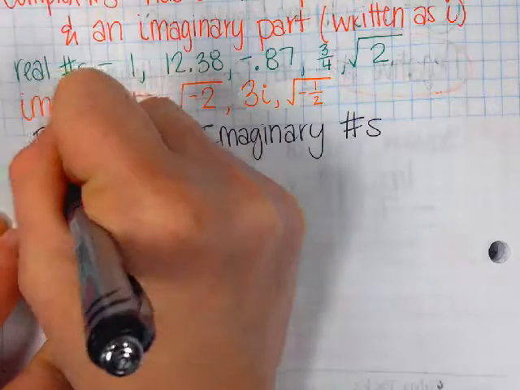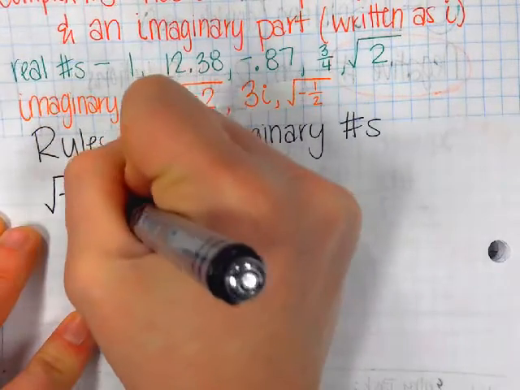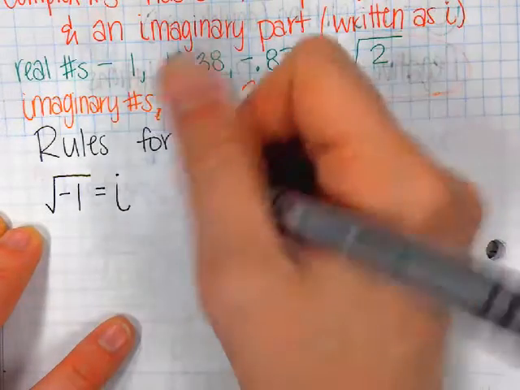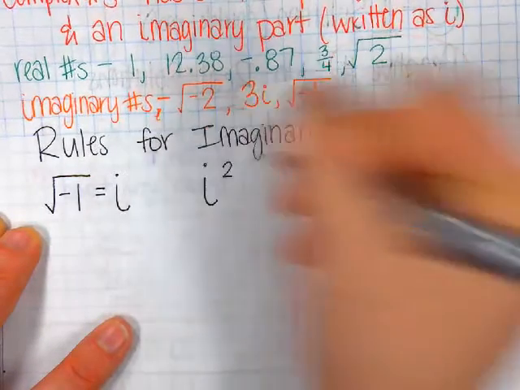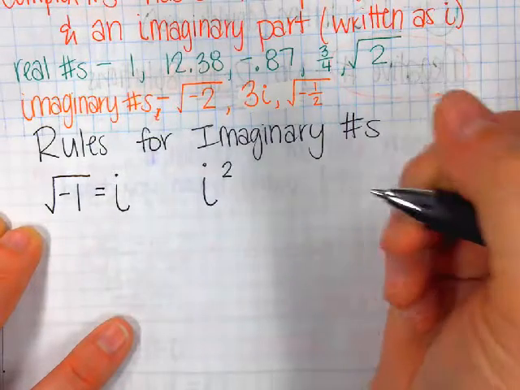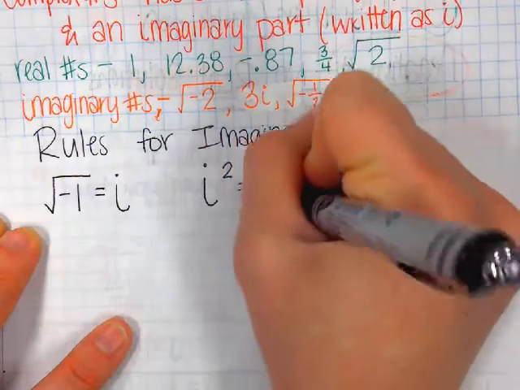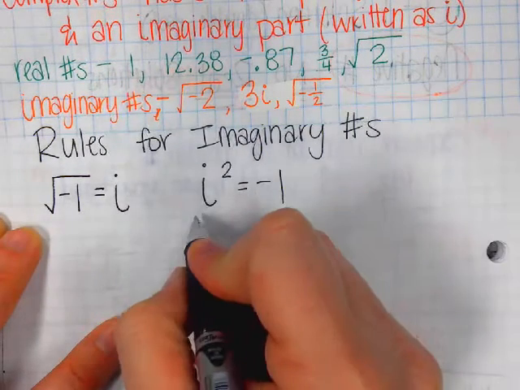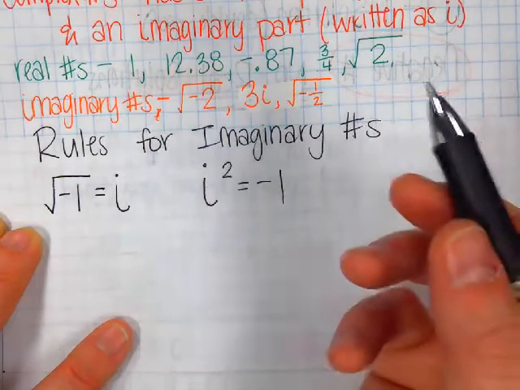If you take the square root of -1, we write it as i. So the square root of -1 becomes i. Anytime you have an i squared, an i times an i, it can be rewritten as -1, because remember, there was a negative under the square root times a negative.